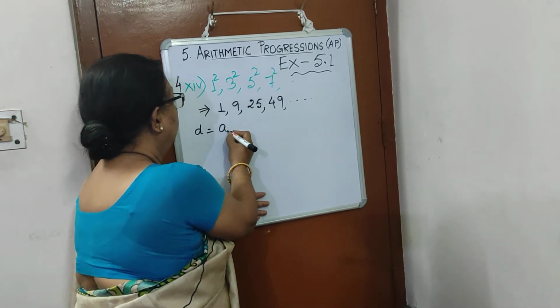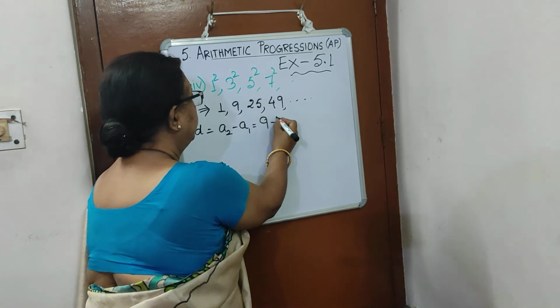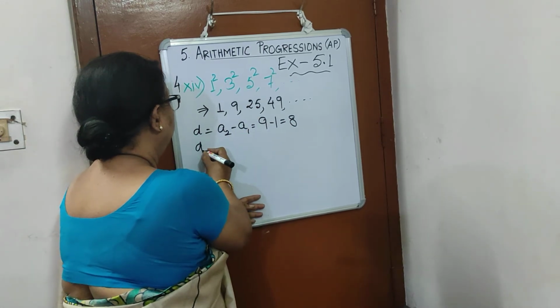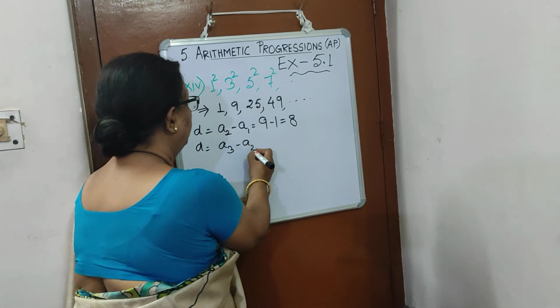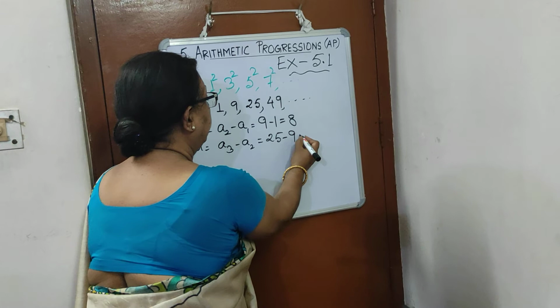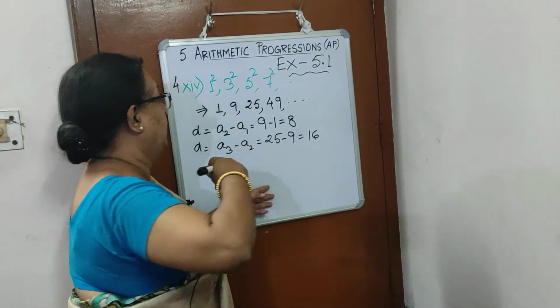A2 minus A1, that is 9 minus 1 equal to 8. Another one, A3 minus A2, that is 25 minus 9, that is 16. Okay.